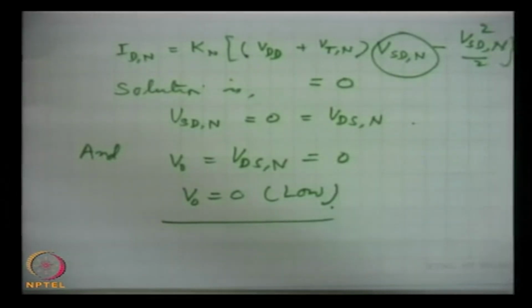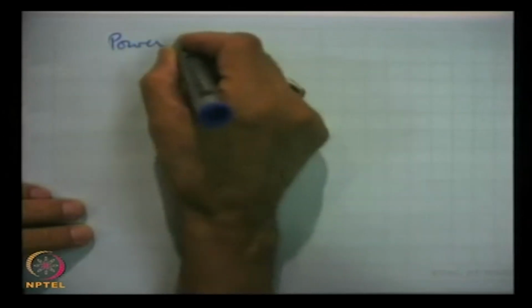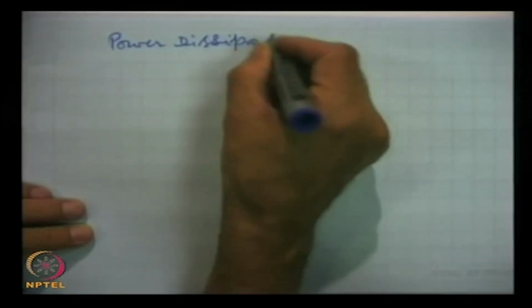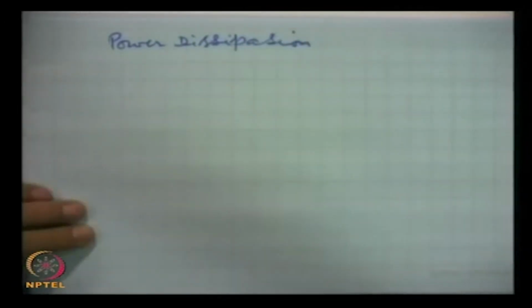We said that dissipation in the CMOS is least. Let us discuss that point. Power dissipation and power consumption are one and the same thing in electronics.